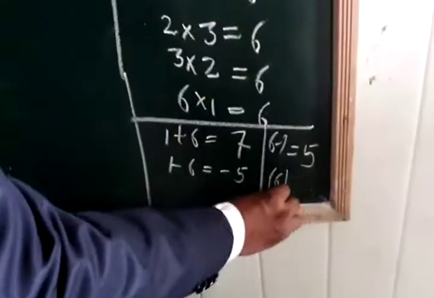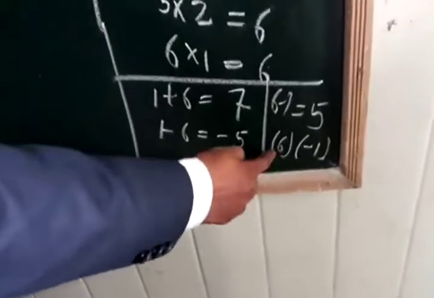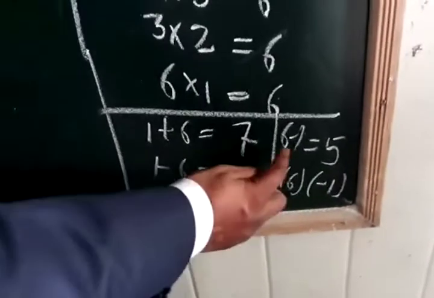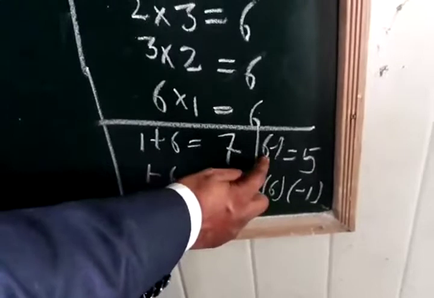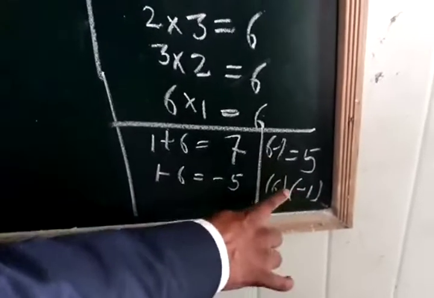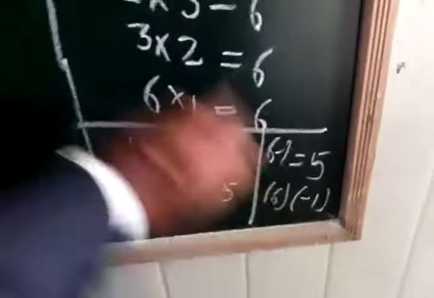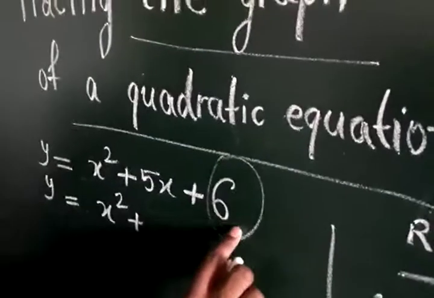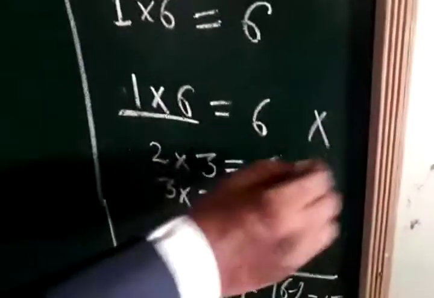But when we multiply 6 and minus 1 together, we will get minus 6, but here we have plus 6. So we will not take this value.